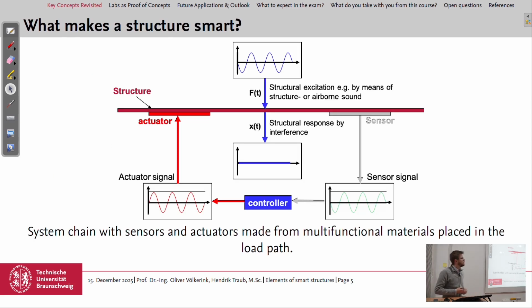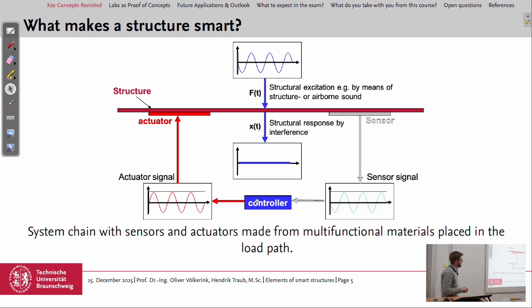Okay, what makes a structure smart? This was really in the beginning of the lecture. We have a system chain with sensors and actuators picking up signals from disturbances, structural excitation. The sensor signal is then used to generate a control signal with a controller to generate an actuator signal and act again on the structure, for example, to damp vibrations.